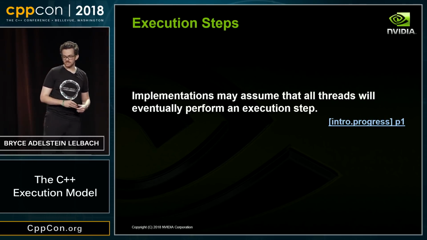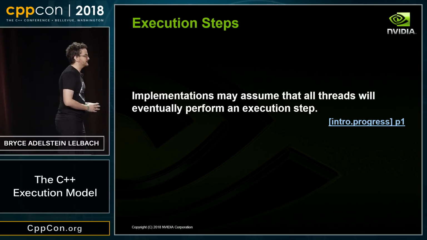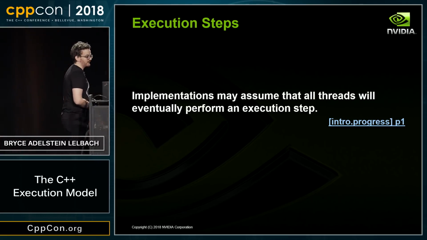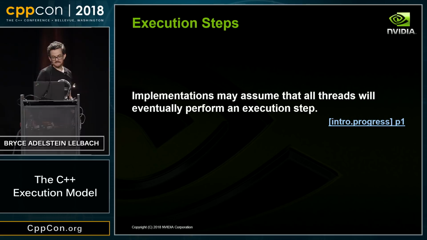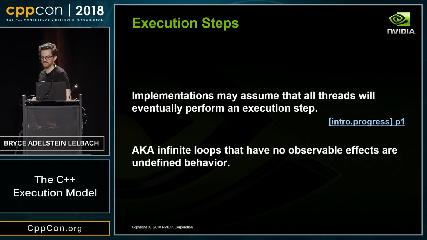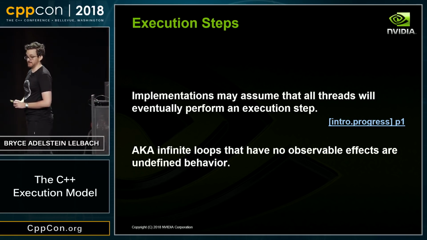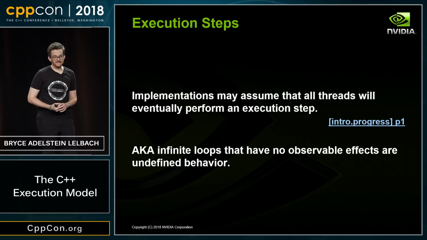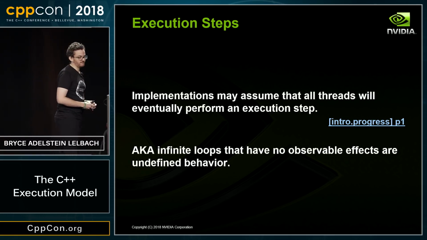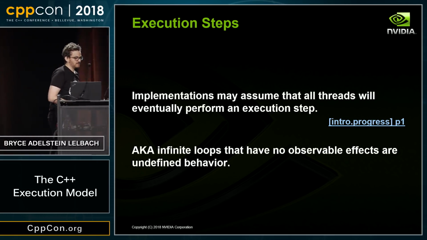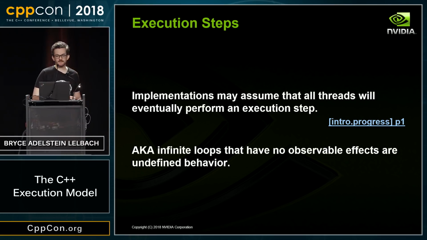So implementations are allowed to assume that all threads will eventually perform an execution step. This has an important caveat, which is that infinite loops that have no observable side effects are undefined behavior. And this is important because it's important for the compiler to be able to optimize loops even when it can't prove that the loop terminates.